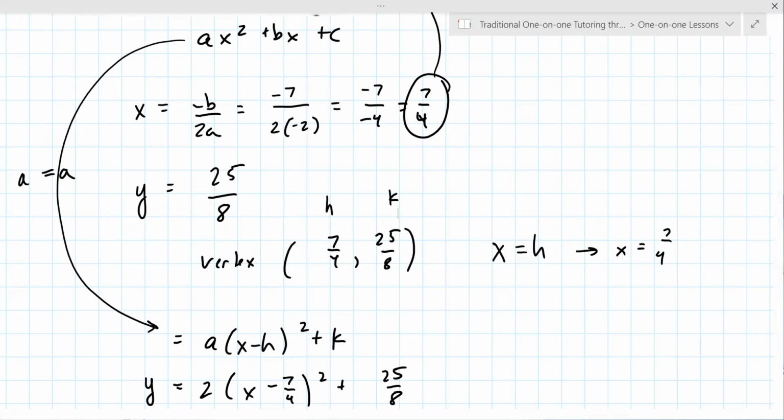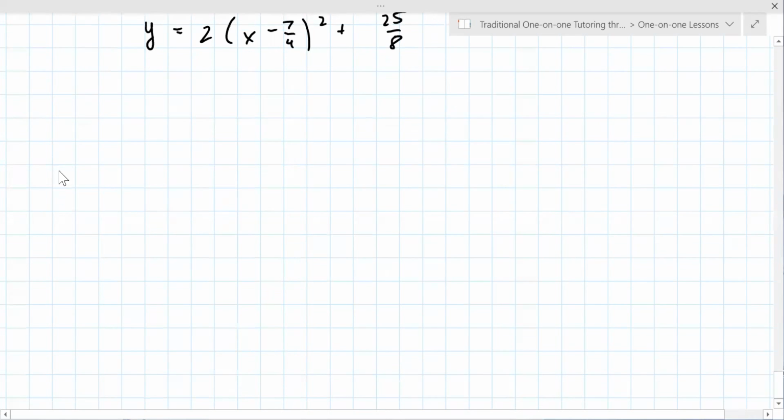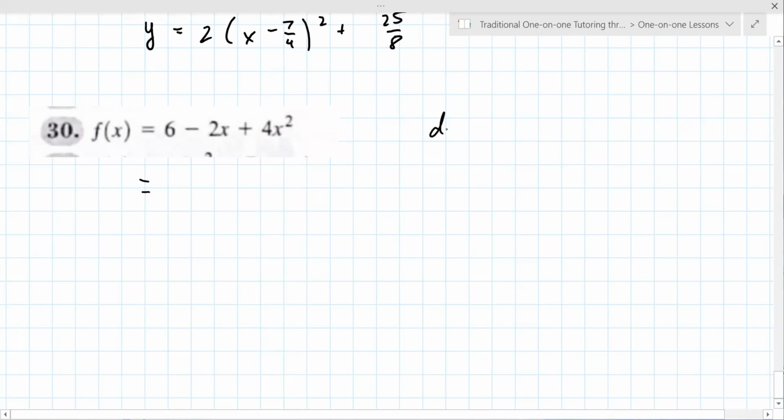30. Yeah, 30. This one we'll rewrite before we start. You always want to put it in what's called descending order.